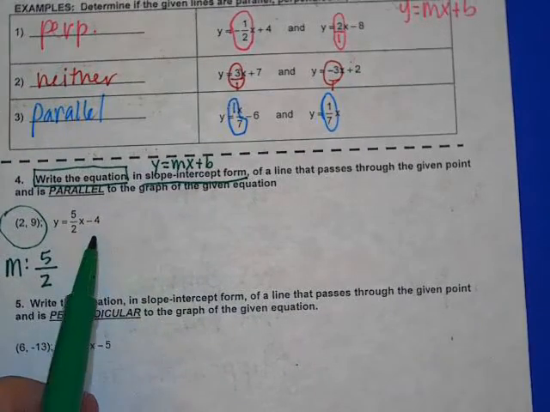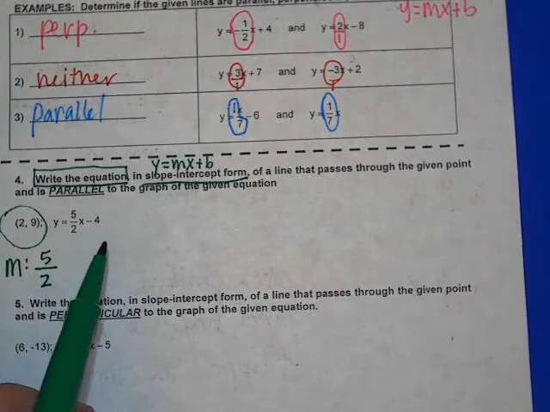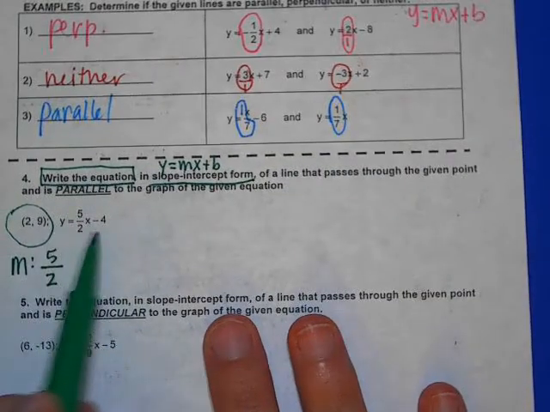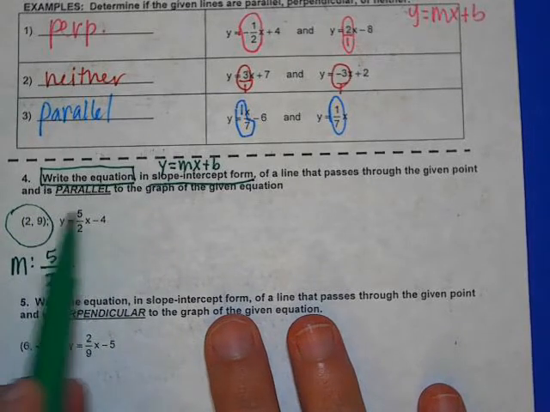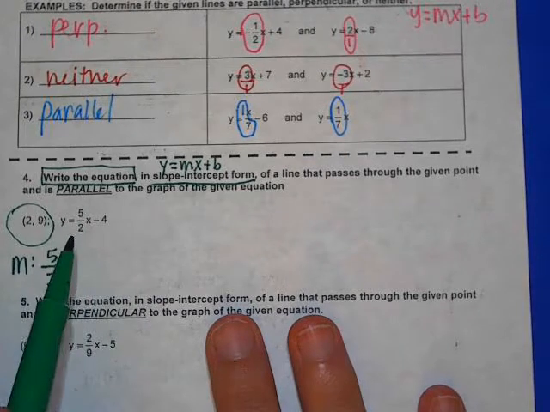Does the y-intercept matter? No, I don't care where it crosses the y-axis. All I care about is that they're parallel. So I'm done with the original equation. If you want to cross it out, cross it out. I don't need it anymore.